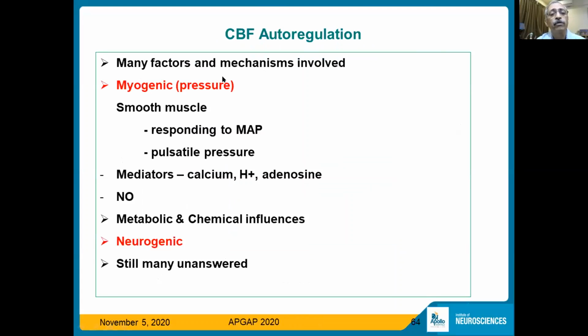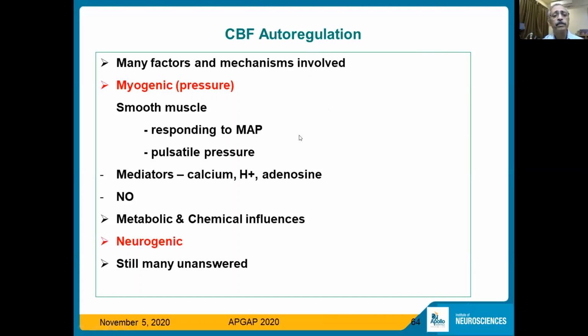We'll come to how this mechanism is brought about. Various factors have been involved and explained. The most important is myogenic or pressure autoregulation. It's a response to arterial pressure changes and also a response to the pulsatile pressure.